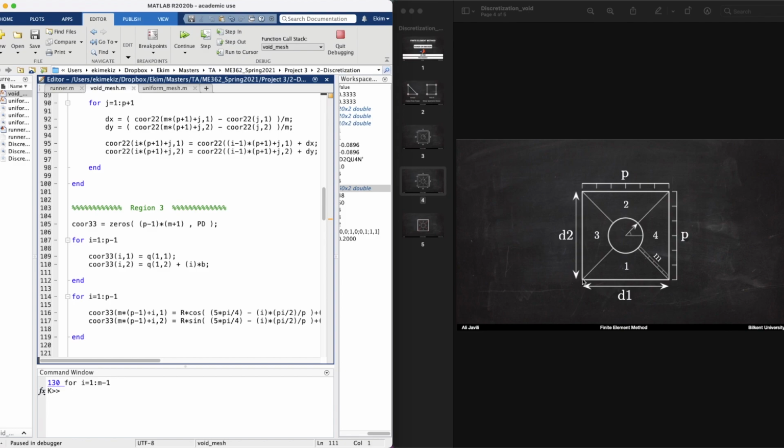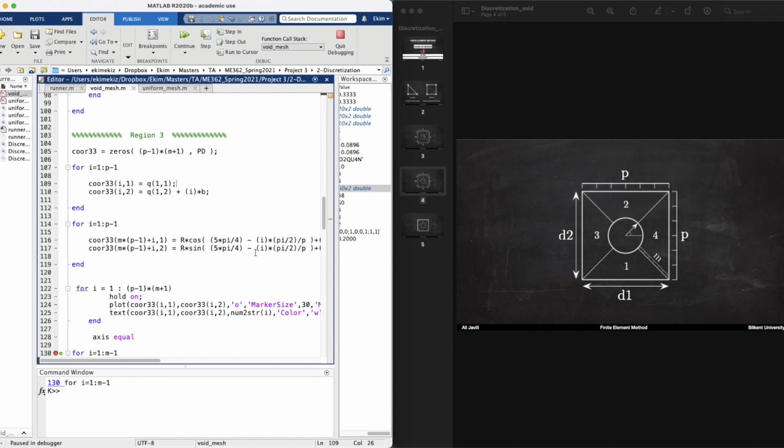Now we are skipping the node on the diagonal. So because of that, we add the increment for the first node we are calculating. Okay? That is pretty much the difference.